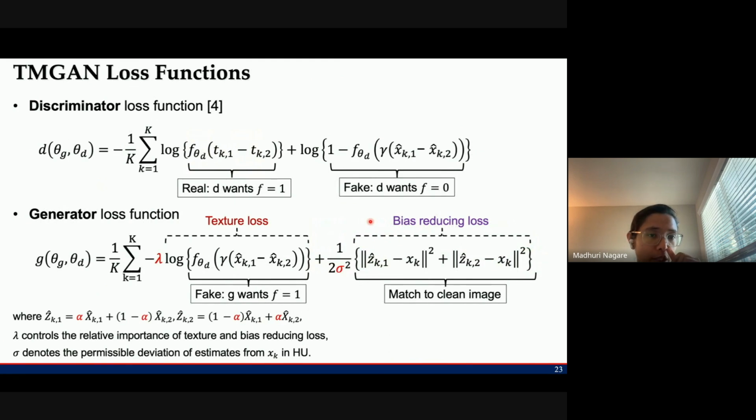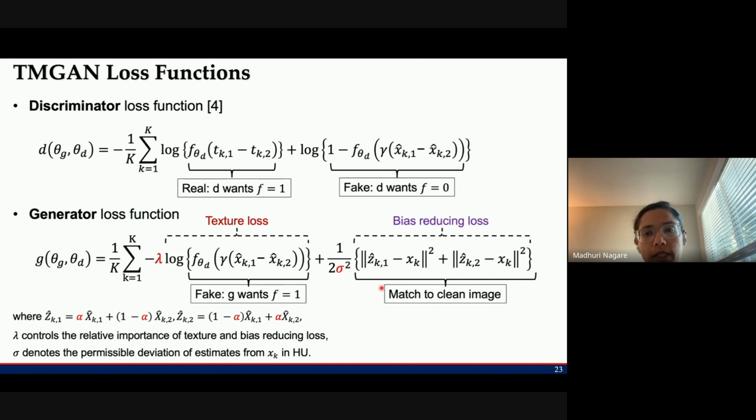These are the loss functions. Following the common literature, we use the binary cross entropy for the discriminator. For the generator loss function, we have this term, which is the discriminator score, and it is the loss for the texture part, and lambda controls the relative importance of this texture loss in the total loss function.